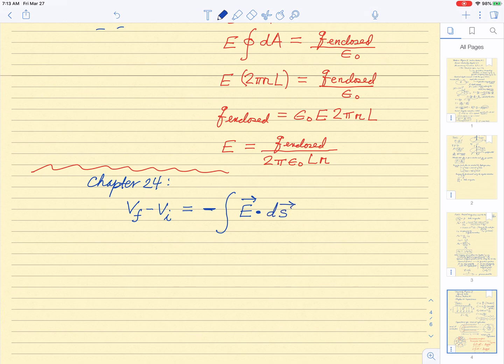Okay. Now, this is going to go from some initial to some final position. Typically, this is to the positive plate, right, to the positive side. This is from the negative side.